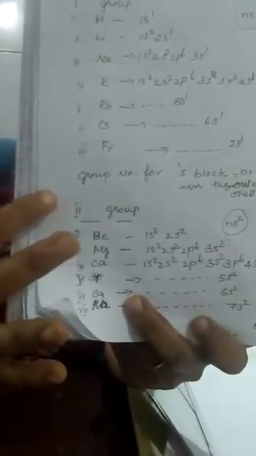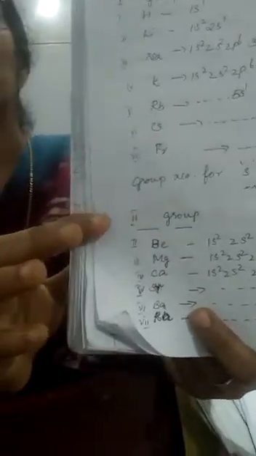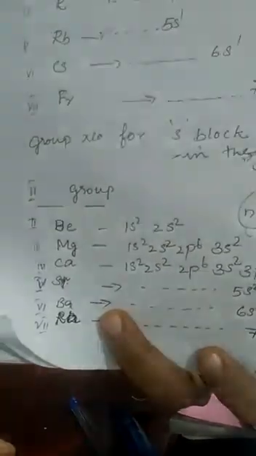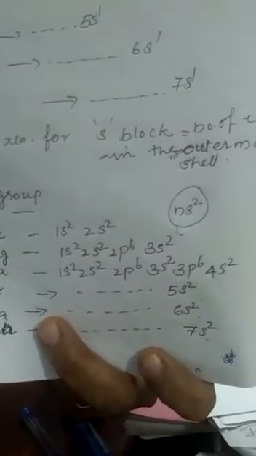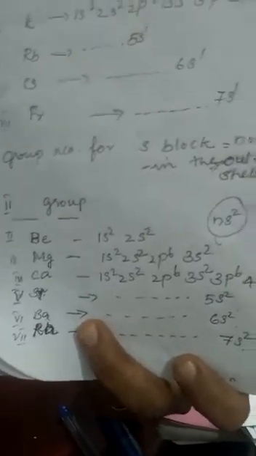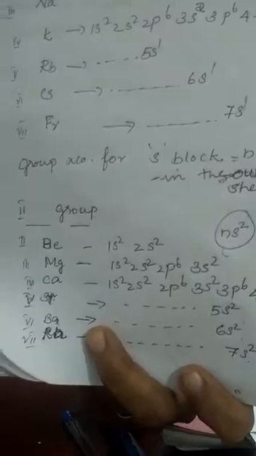Then consider the second group. It also belongs to the s block. The second group elements are beryllium, magnesium, calcium, strontium and barium. See this electronic configuration: all have 2 electrons in the outermost shell. For the first one it is 2s2, then 3s2, 4s2, 5s2, 6s2, 7s2, like that it goes on. So we can say the general configuration is ns2.